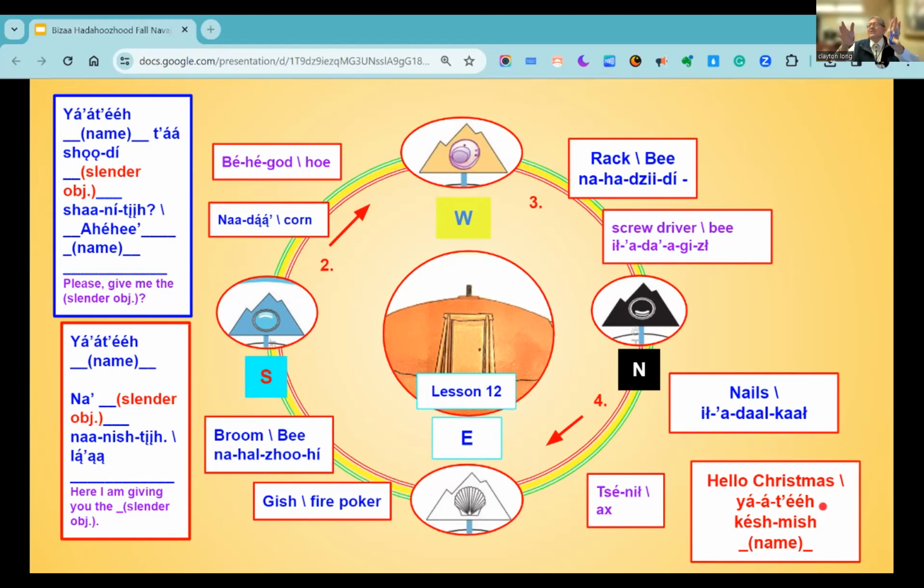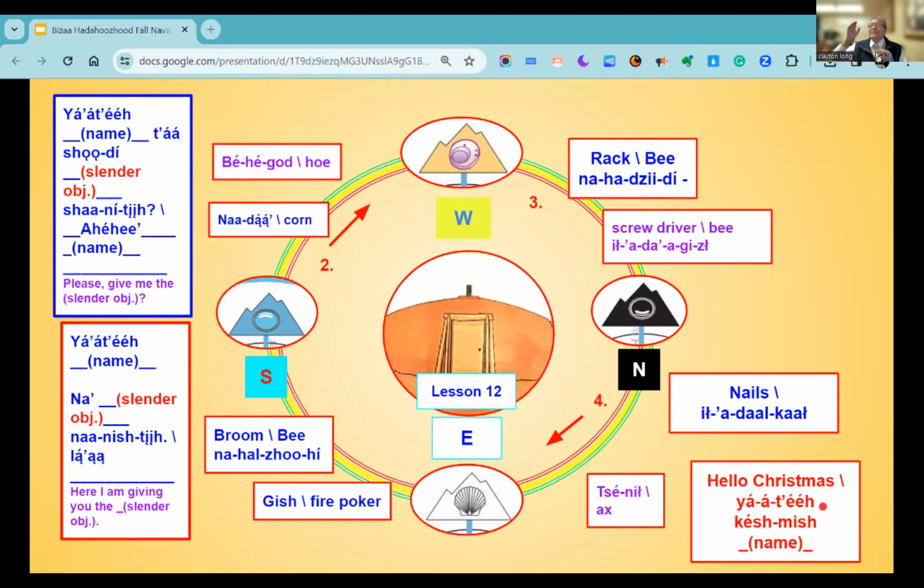Shaanítįįh keshmish shikis, meaning shikiso, make it plural, meaning my friends. Shaanítįįh keshmish shikiso. Maybe teach it to your teacher, and then say, I'm going to greet you. When the class is all there, I want to greet you, Mr. Johnson.